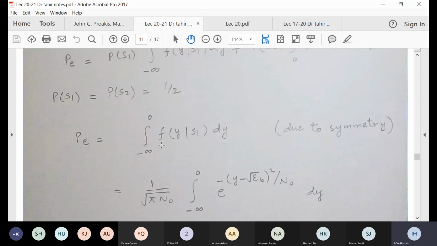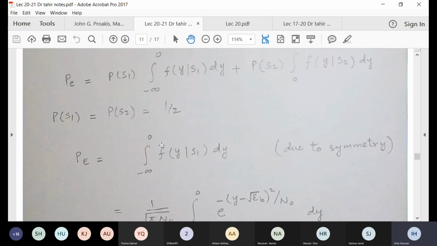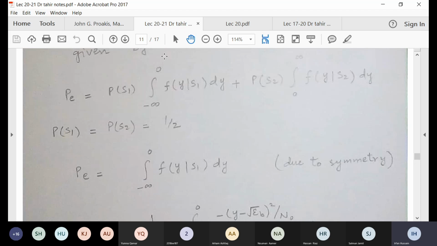So for finding the probability of error, I will first of all integrate this term from minus infinity to 0, and you can see that this term will also be from 0 to infinity.